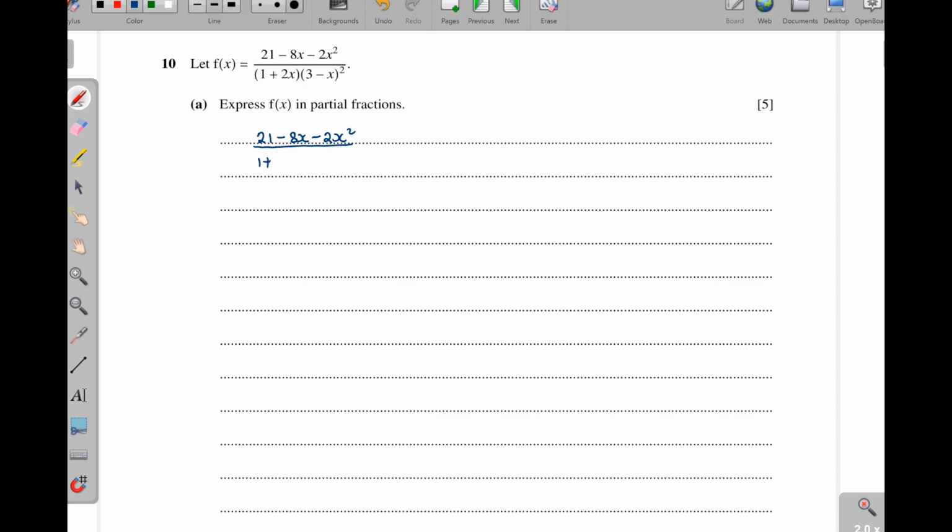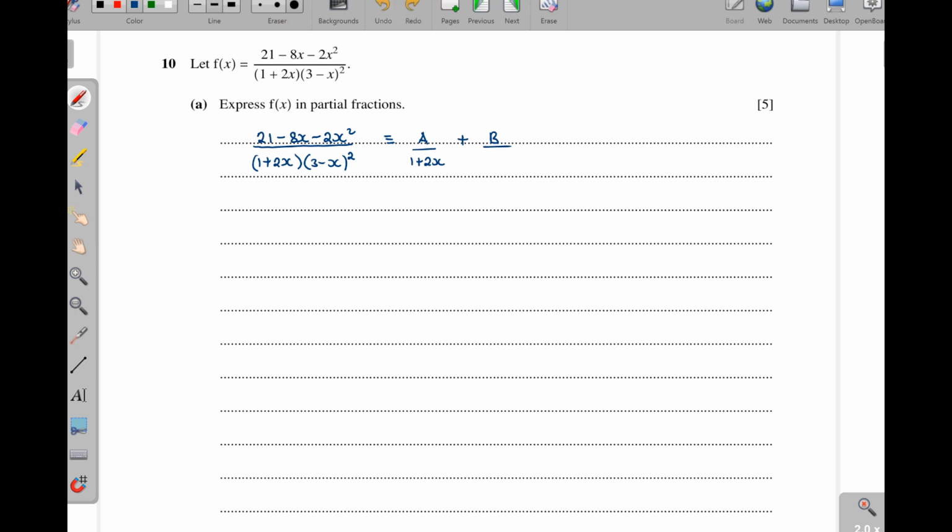So we shall have 1 plus 2x, and then here this is 3 minus x, then to the power of 2. Now, we have a linear factor in the denominator, so that is a out of 1 plus 2x, then plus, this one is linear repeated, so we shall have b here.